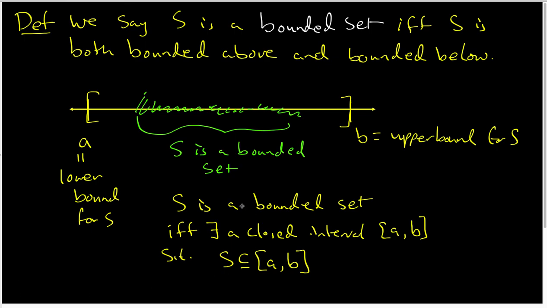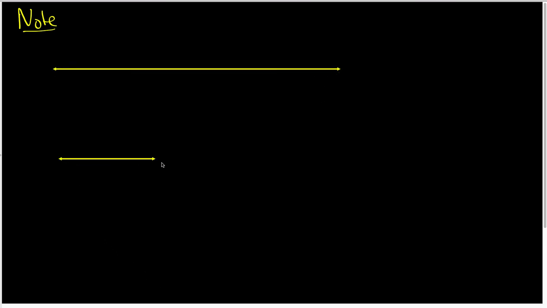I want to carry this idea on just a little bit further, so I also want to make this note. This time I'm going to draw a couple of number lines with zeros on them. So here's my first number line, here's my second number line, and I'm going to put in a 0 on both of these. And now I'm going to sketch two sorts of bounded sets. In my first one, my bounded set's going to go something like this, and in my second one, the bounded set's going to go something like this.